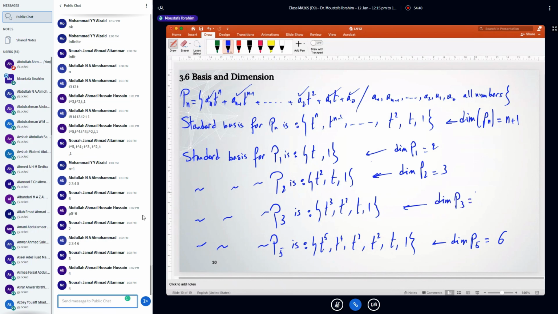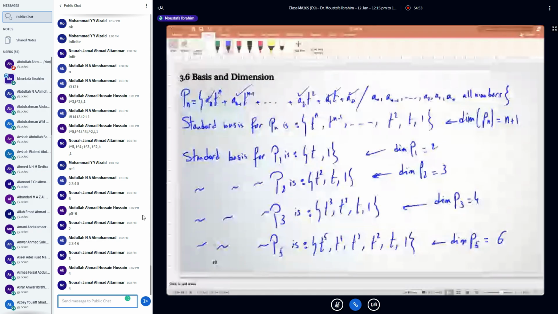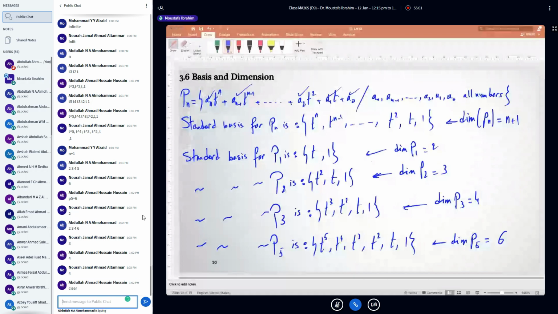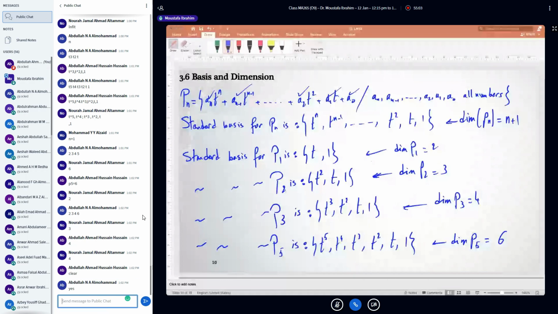Very good, guys. So you see, basically the dimension of Pn is n plus 1, not like Rn. The dimension of Rn is equal to n, the dimension of Pn is n plus 1. And now we know the standard basis for Rn and the standard basis for Pn. Is it clear, guys, all of you?